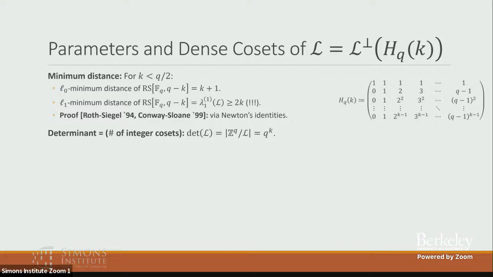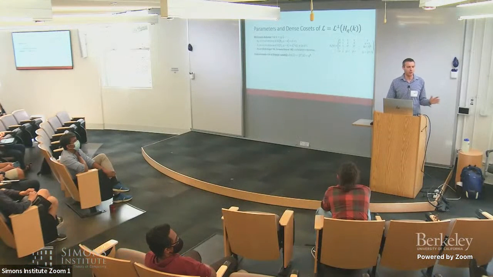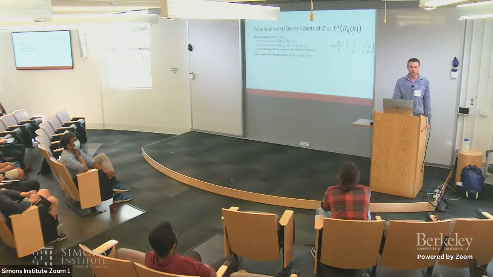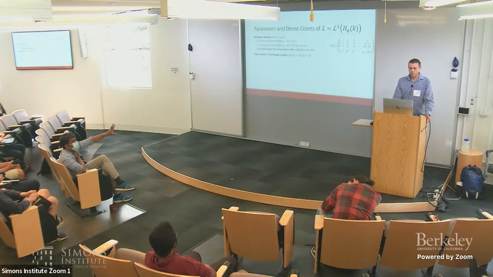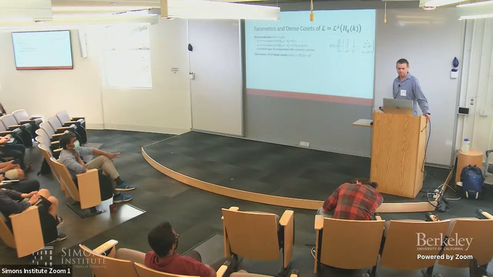Is the right answer 2k? Yes, in general. So this was also already known, or at least something very close to it was. What do you mean by in general? Everything here is fixed. I mean, it depends on what you pick Q and K to be. There's a choice of Q and K, and sometimes it's tight.